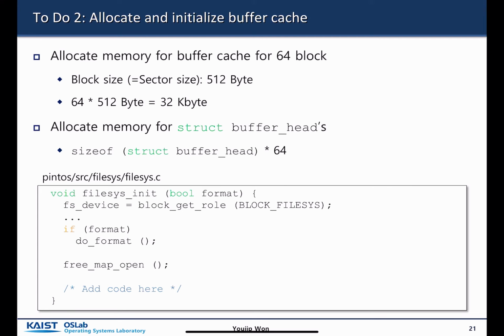The block size is 512 bytes, so we need 32 kilobytes to accommodate 64 file blocks. And of course, we also have to allocate memory for 64 buffer heads. So this is the size of buffer head times 64. This is the amount of memory you have to allocate for defining 64 buffer head entries.